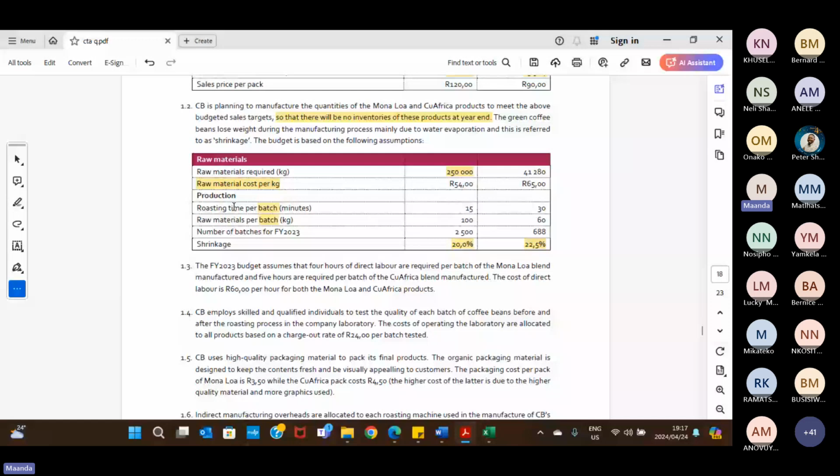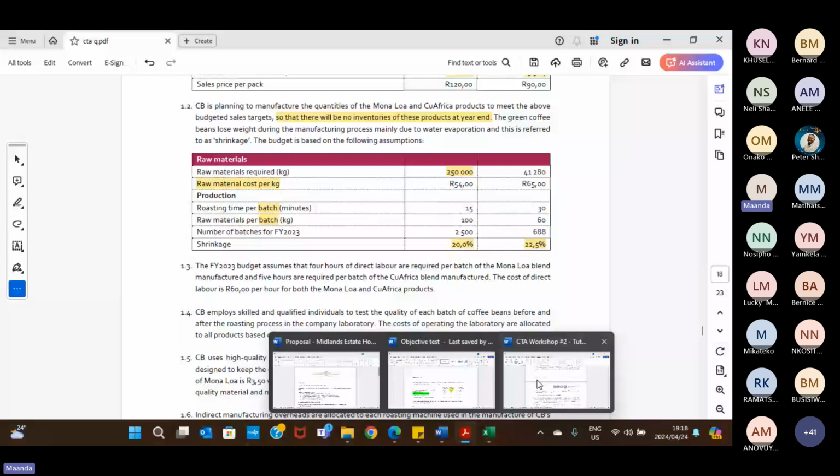Then the number of batches for financial year 2023, we're given the total number of batches. So I can already get my total roasting time if I have my number of batches. Let me just open this.